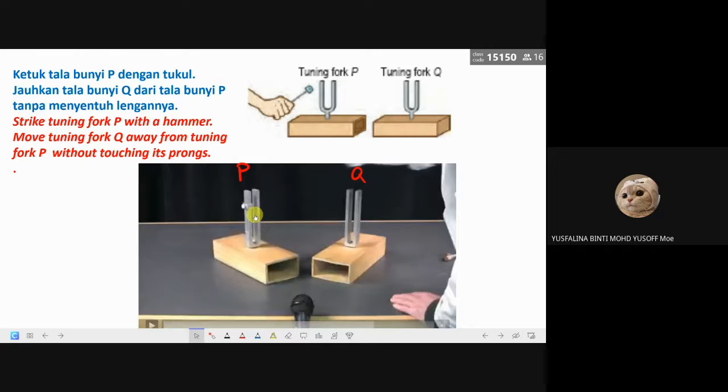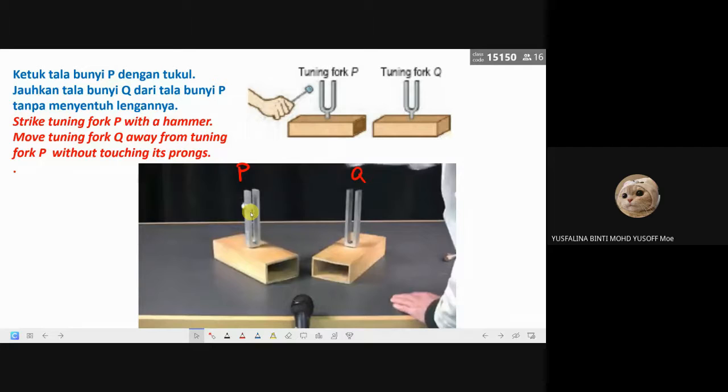You can simplify it like this: if you hit any object and the transferred energy matches, then P will start to vibrate with the maximum amplitude. So that's the concept.